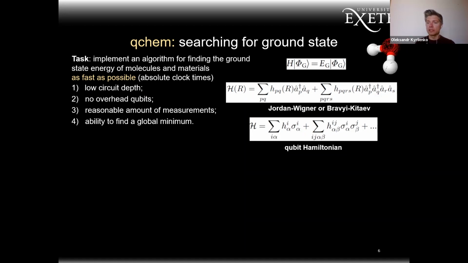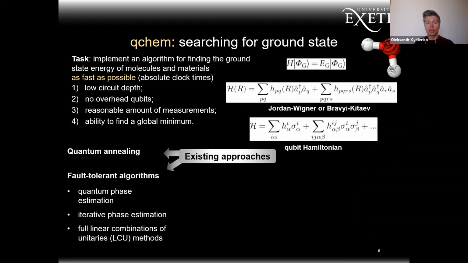So that was the challenge put, let's say, 5 to 10 years ago, by Matthias Troyer, who claims that chemistry will be one of the most promising use cases of quantum computing. And we can ask, what are the options? How can we find this ground state?